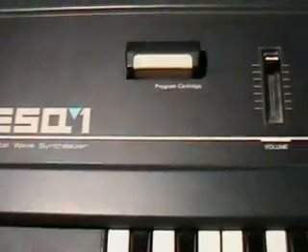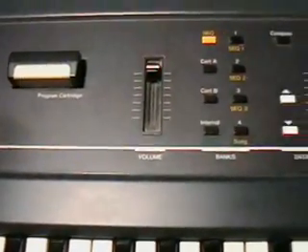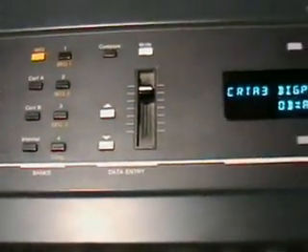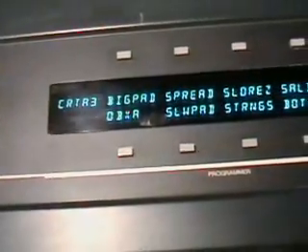The ESQ1 is actually quite decent. It's very underrated. No parameter is more than 2 button presses away, and it's laid out very clearly.